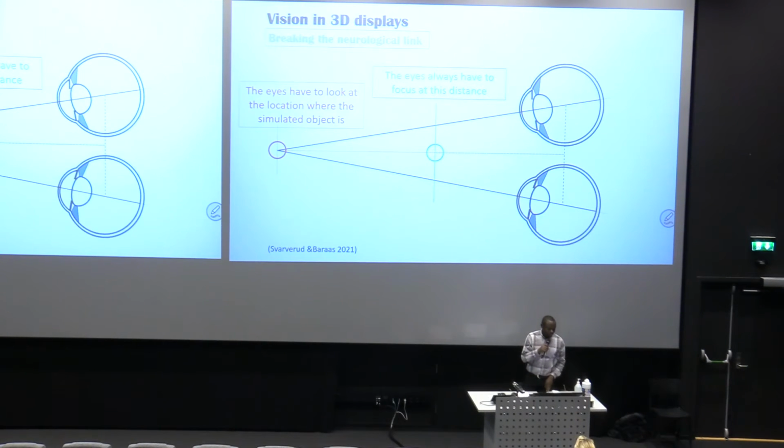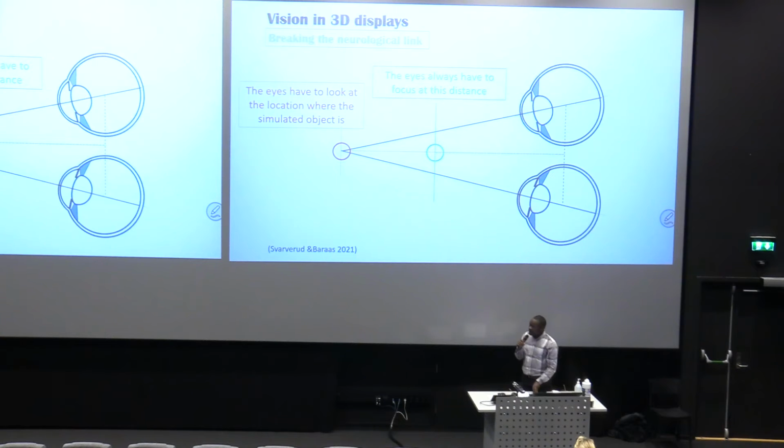But where is the location of the simulated object? It can be 10 meters or it can be much closer. So this is somebody who is looking at a distant object, and yet they are making an object clear at a distance marked by the green circle. Now when they look at near, a bit closer, the simulated object comes a bit closer, but the ability to focus remains constant.